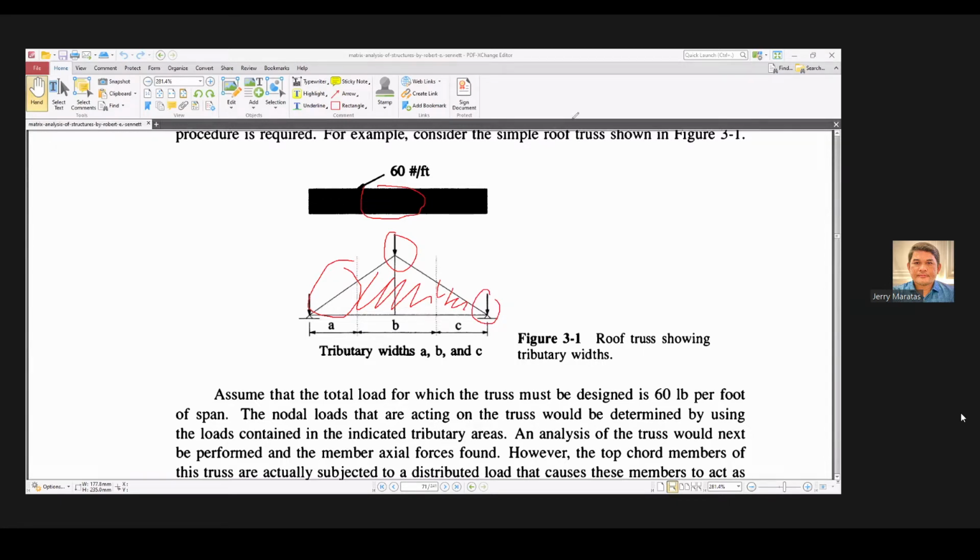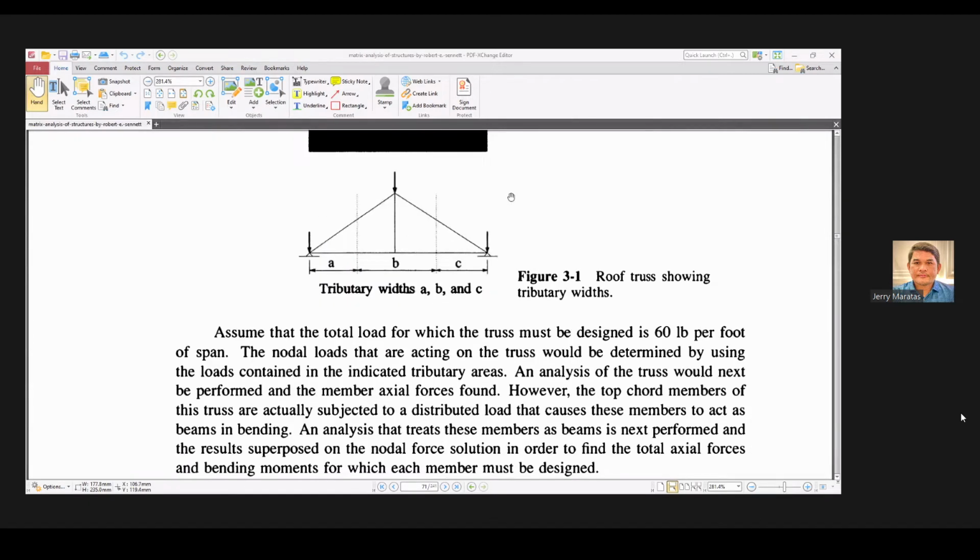Okay. But in reality, ang truss member is even subjected to bending also, no? Okay, so ang ideal truss is actually dili lang may counter sa actual. Now, however, the top chord members of this truss are actually subjected to the distributed load that causes this member to act as beams because may bend man siya, so meaning na kay bending stress.